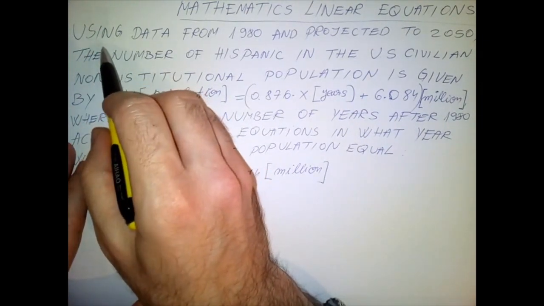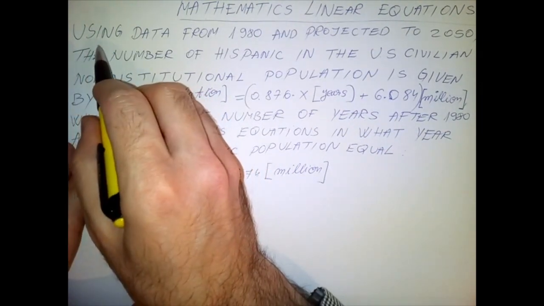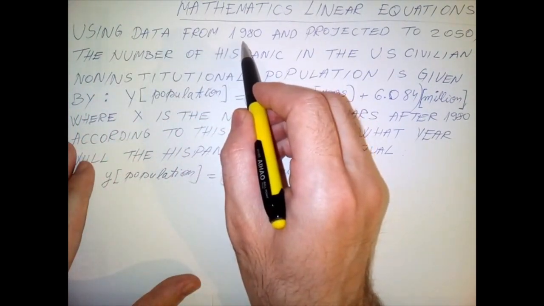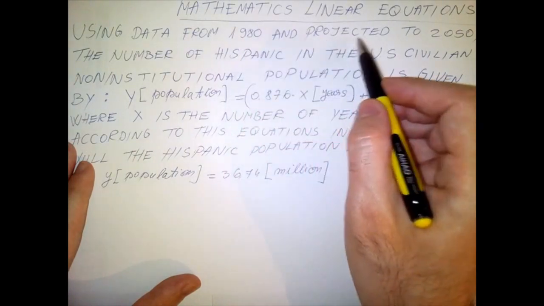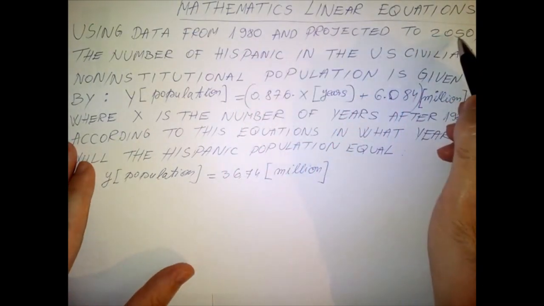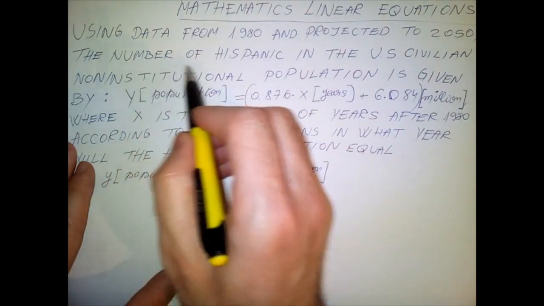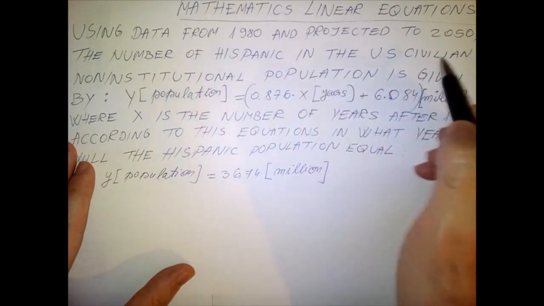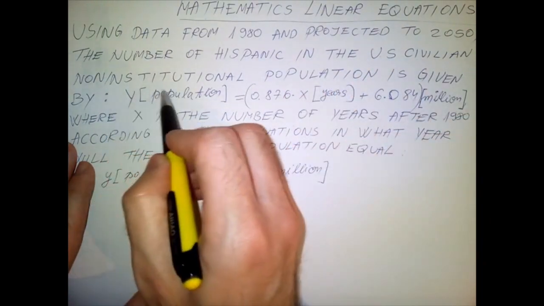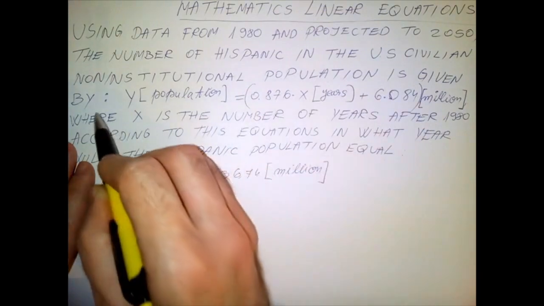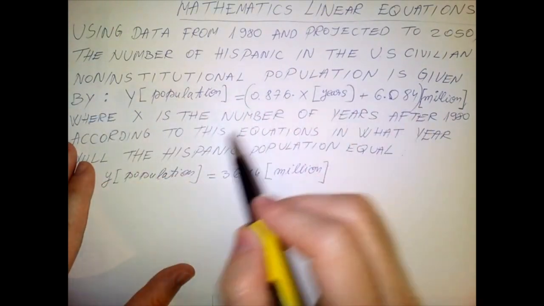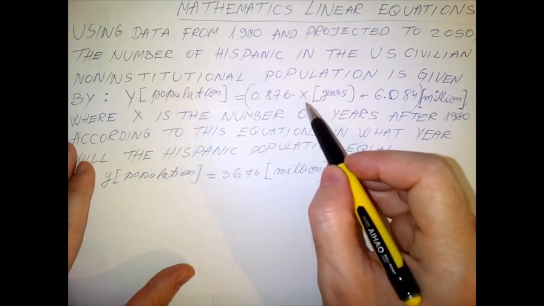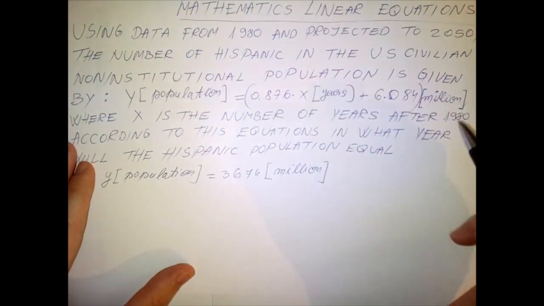Here in this example problem, we are using data from 1980 and projected to 2050. The number of Hispanics in the United States civilian non-institutional population is given by these equations. Y is the population, X is the years.